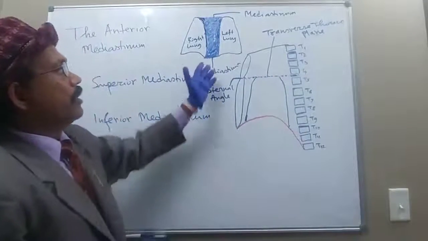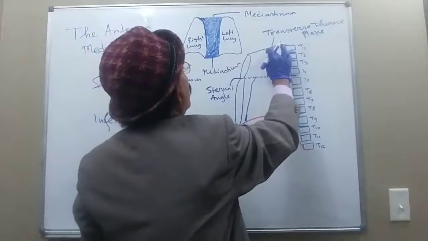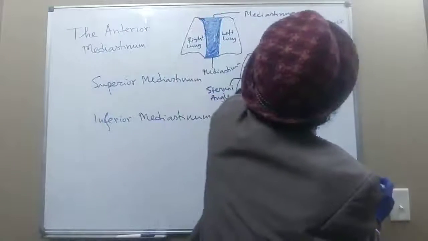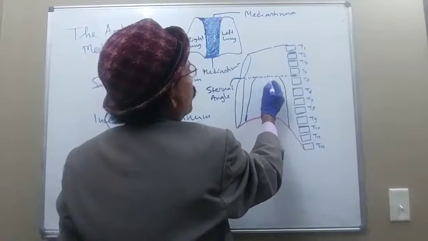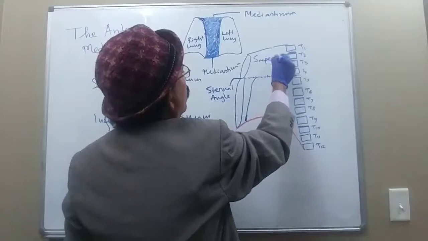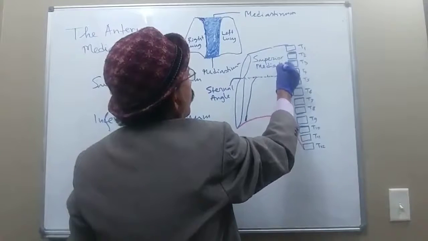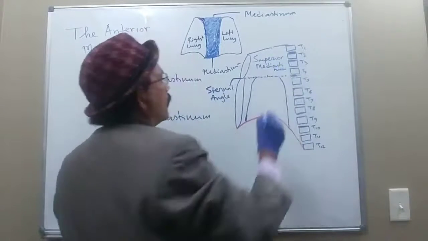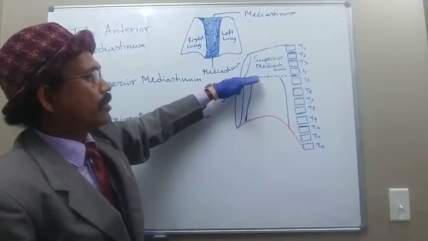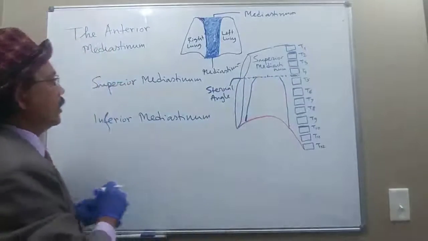The structures above the transverse thoracic plane are the contents of the superior mediastinum. All the structures of the mediastinum below the transverse thoracic plane are the contents of the inferior mediastinum.